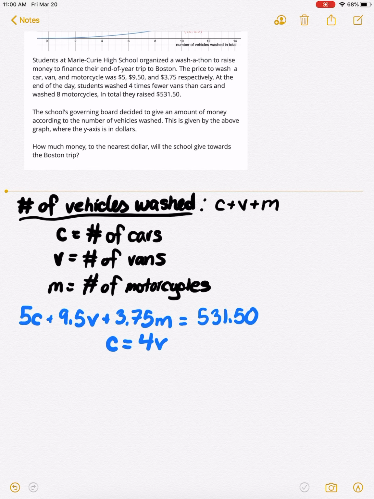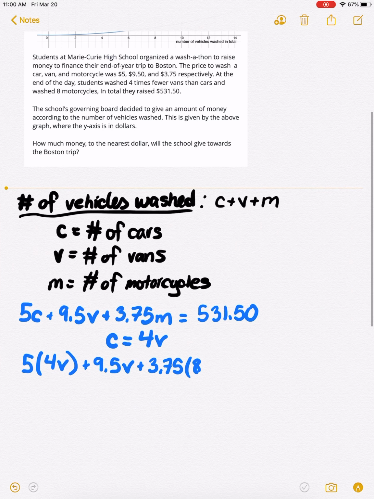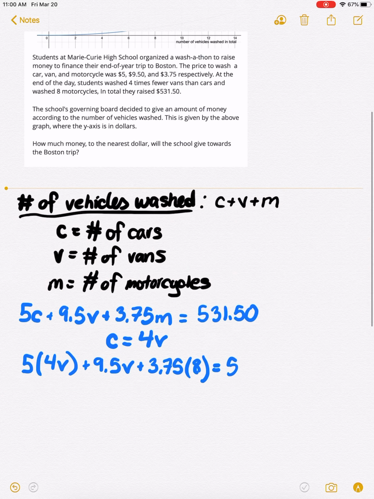Now we can do substitution, so we can replace C in the first equation with C from our second equation. We've got 5C, and C is the same as 4V, plus 9.5V, plus 3.75 times M, which is 8, we already know, gives us $531.50.